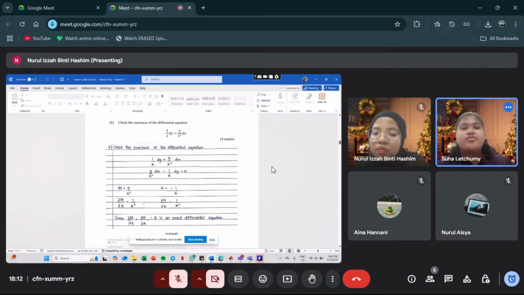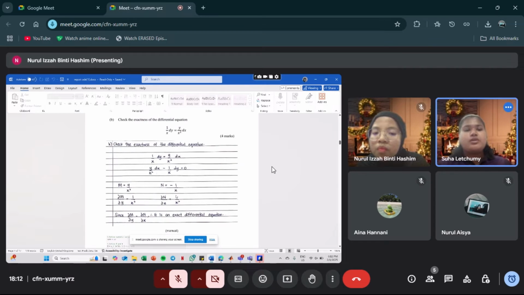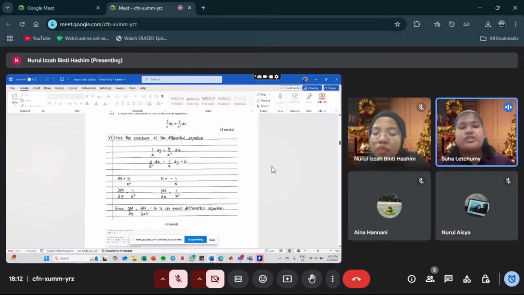And for N, we know that it is negative 1 over x, so the partial derivative with respect to x is 1 over x squared. Since the partial derivative with respect to y and the partial derivative with respect to x are equal, we can conclude that this equation is an exact differential equation.